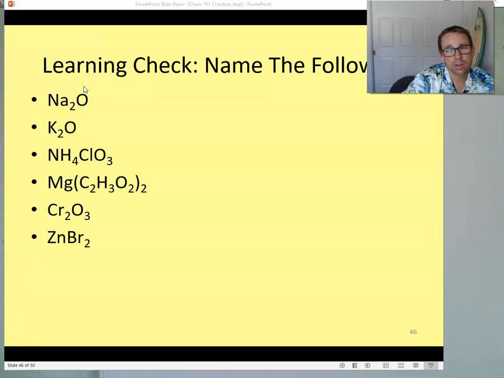That's only for molecular. That's right. It's only for molecular. And what kind of compound is this sodium and oxygen compound? It's ionic. Very good. What's the name of the compound?